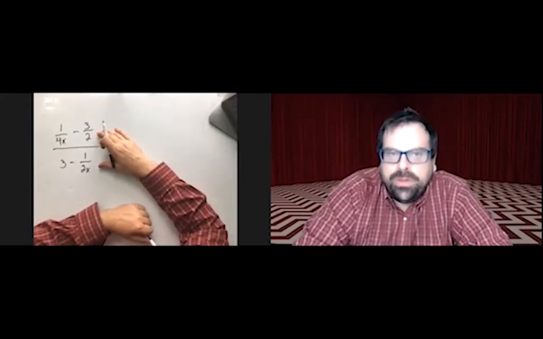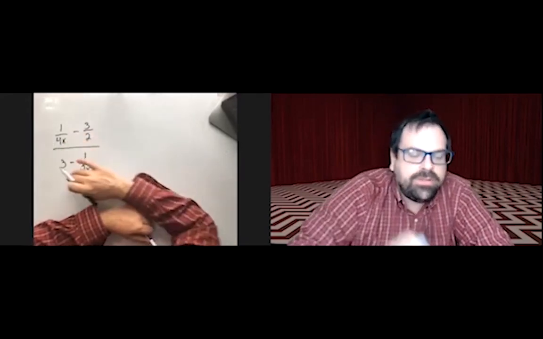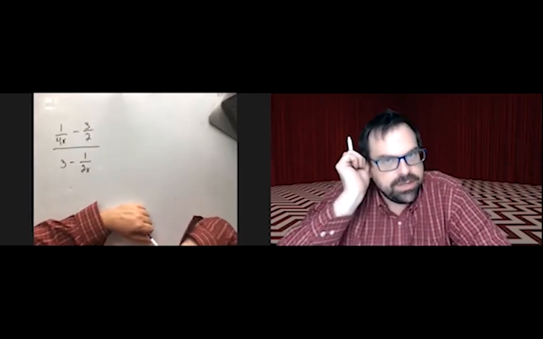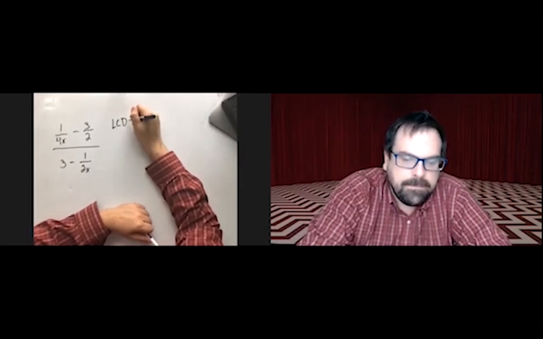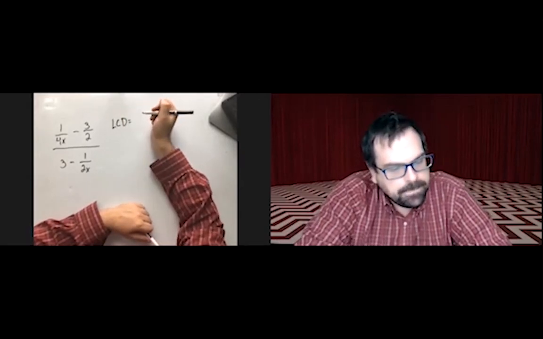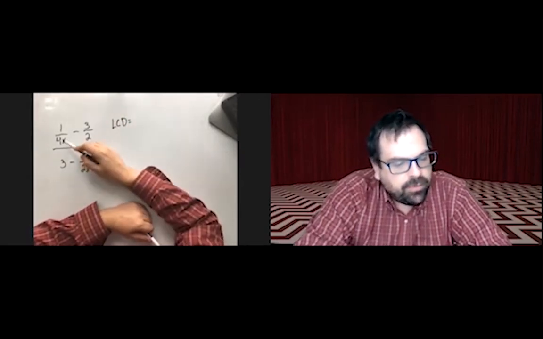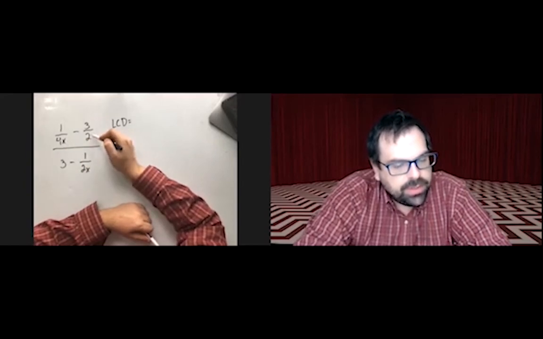And it relies on getting not the LCD of the top, not the LCD of the bottom, but the LCD of both. Taking all of the fractions into consideration, taking the LCD of that. So the LCD of all, we're looking at 4x, we're looking at 2, we're looking at 2x.